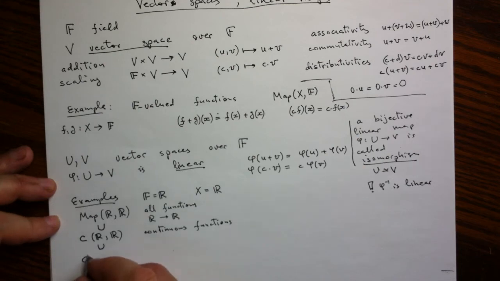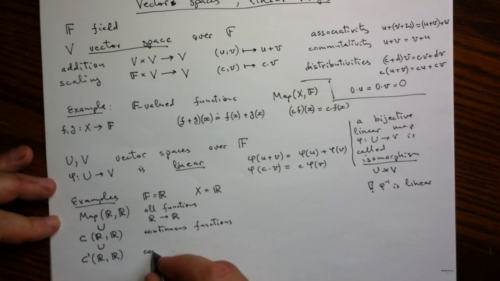Then I will look at more subspaces, smaller subspaces. So here, say, I will look at a subspace of functions which are differentiable with the first derivative being continuous. And we could continue this game. We could look at functions which are differentiable infinitely many times.